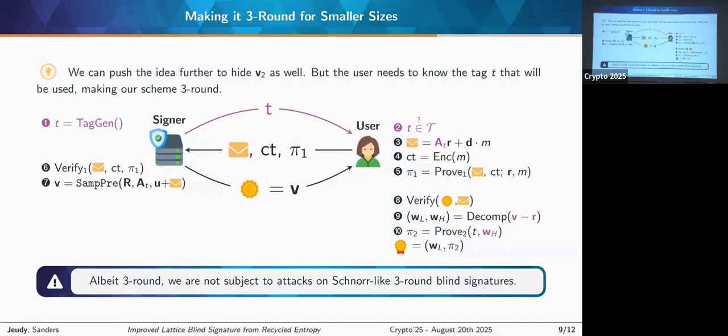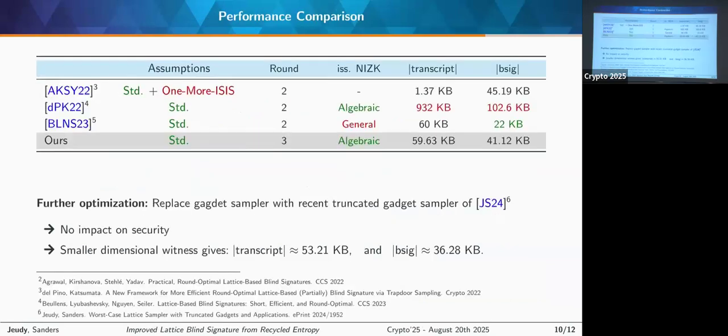So now we have our final scheme, but how does it compare to prior constructions? Well, previous works either relied on non-standard interactive assumptions like one more ISIS, which we want to avoid to keep a strong security base, or had fairly large sizes, or sacrificed the efficiency of the issuance proof by requiring general purpose NISC to prove symmetric primitives like shake evaluations, which takes around 20 seconds according to their own estimates.